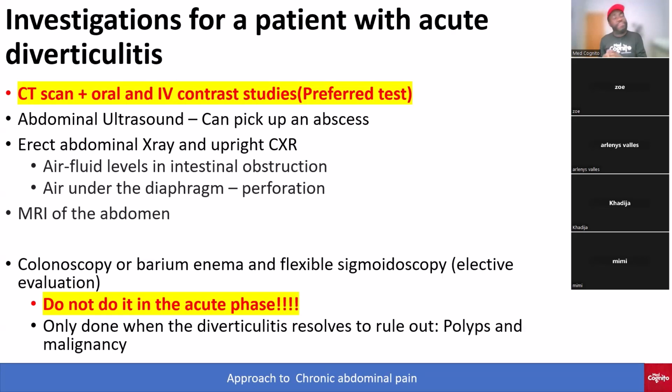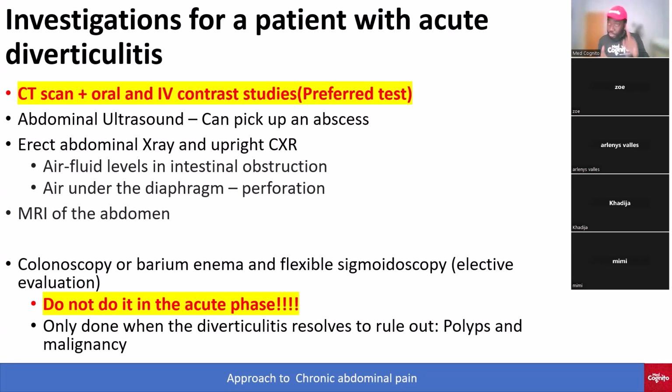Don't go and put the patient in the OR and say that the patient will need colonoscopy right away. Don't do that, because then you are putting the patient in harm's way.